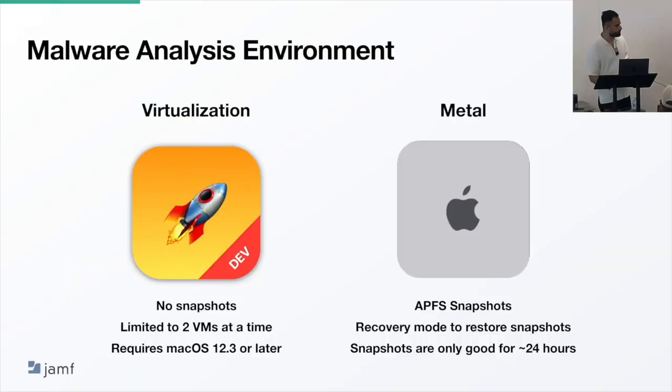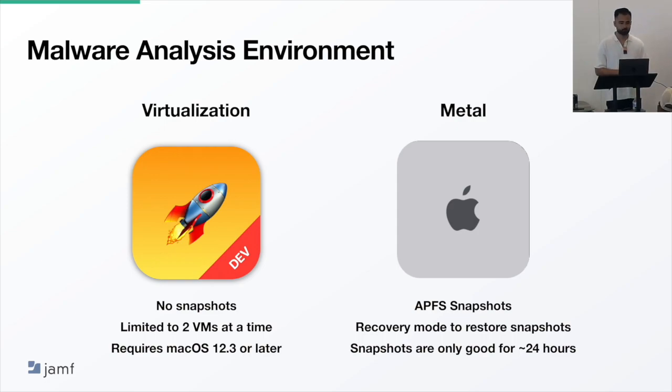We often get this question: which VM should I use? The difference between virtualization and running on metal really comes down to preference. There are some benefits to each. With virtualization, we typically use tools like Apple's virtualization framework and open source tools like VirtualBuddy and UTM, but there are some limitations.